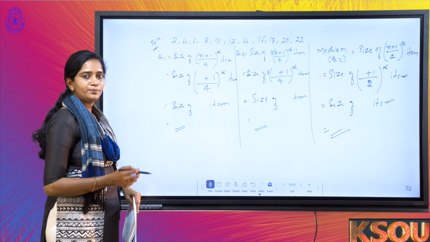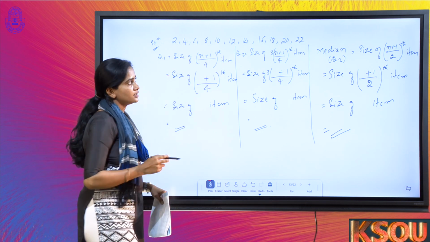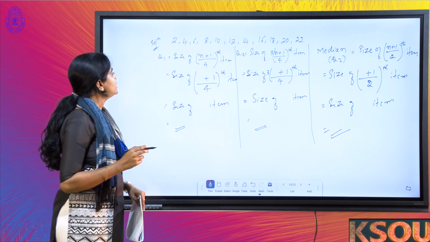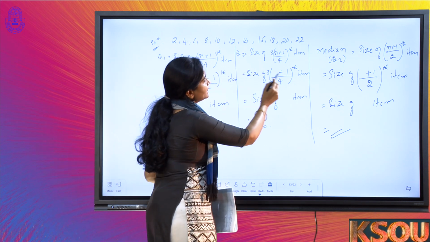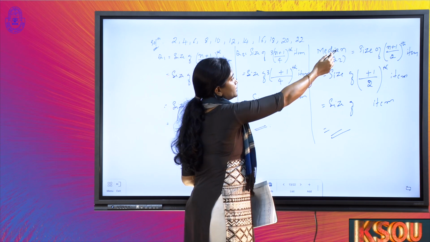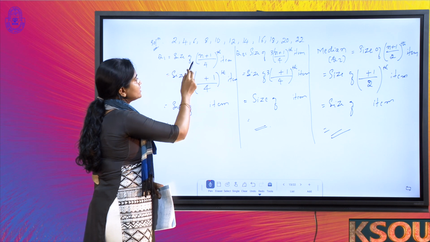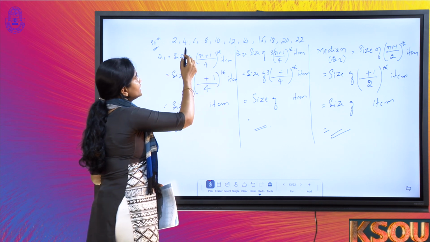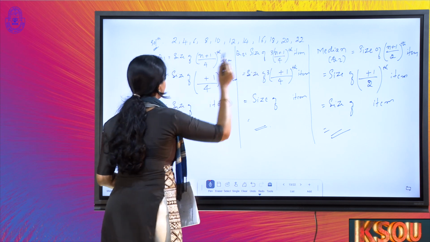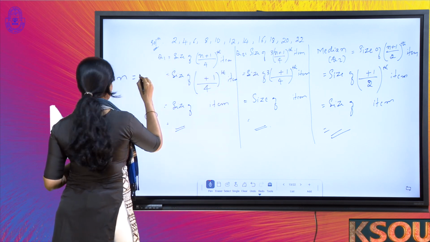So, for that I have written the given data in ascending order. So, let us calculate Q1, Q3 and Q2. Q2 is nothing but the median. So, what is the formula for calculating Q1? Size of n plus 1 by 4 item. So, here you will have to take the number of items, that is n is equal to 11.